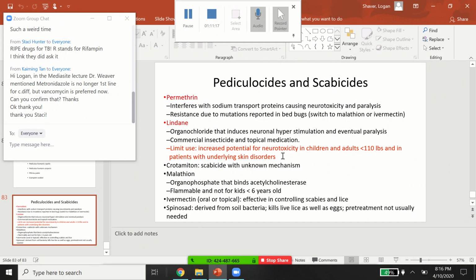Or maybe this child has some sort of brain condition that puts them at more risk if they were to develop a neurotoxicity. Maybe an adult less than 110 pounds, or a patient with an underlying skin disorder. You don't want to give them lindane, so you default to permethrin. So that's another question you could get from this slide.